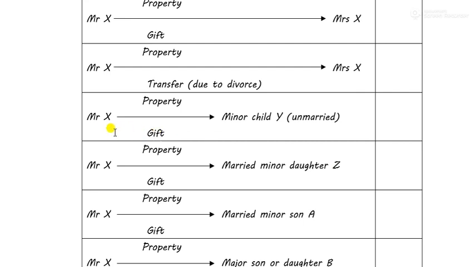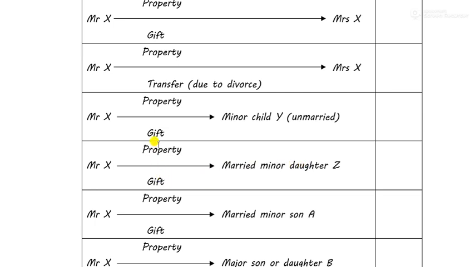Third, Mr. X gifts his property to minor child Y. Here who will be considered as the deemed owner? Deemed owner shall be Mr. X. Okay, minor child plus inadequate consideration. Next, Mr. X gifts his property to married minor daughter Z. Right?